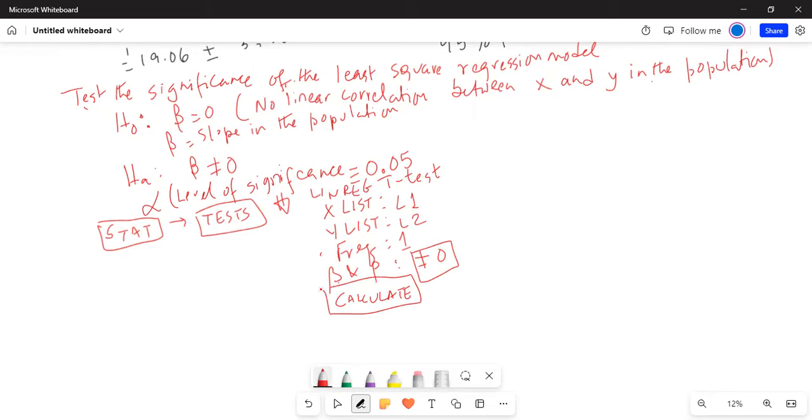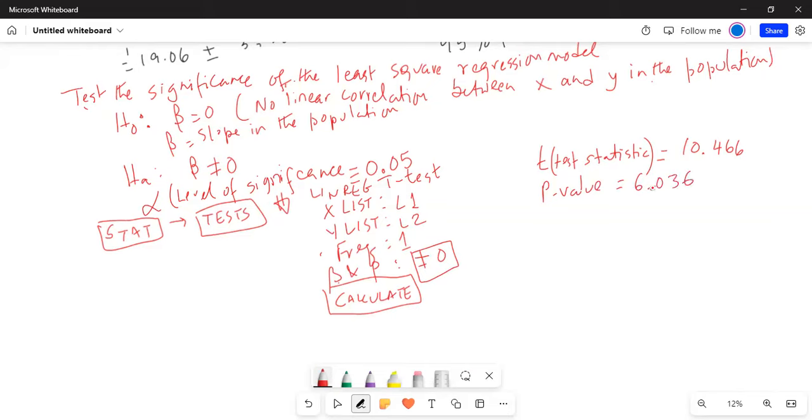Okay. So your test statistic, t, is equal to 10.466. And the p-value is 6.036.